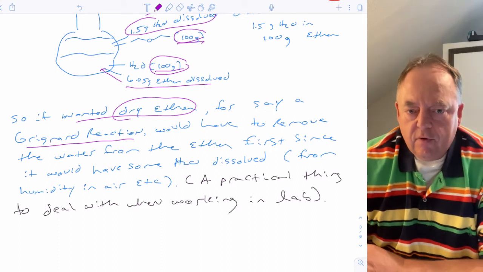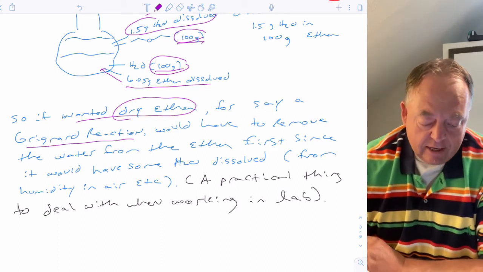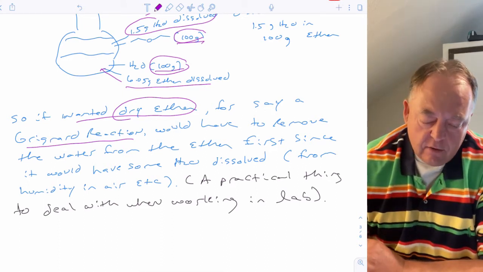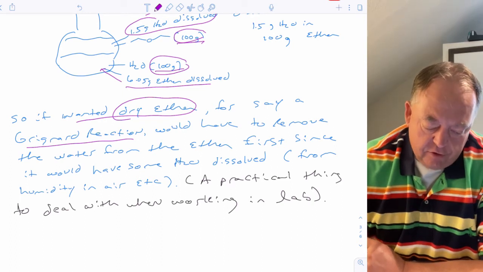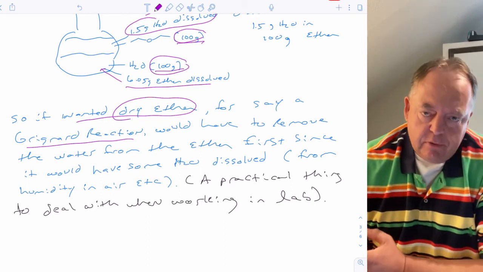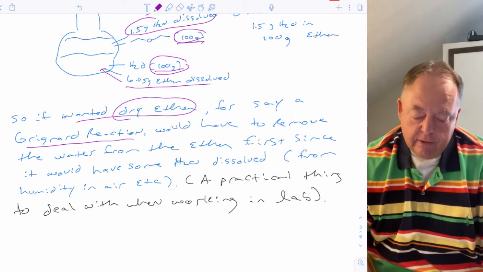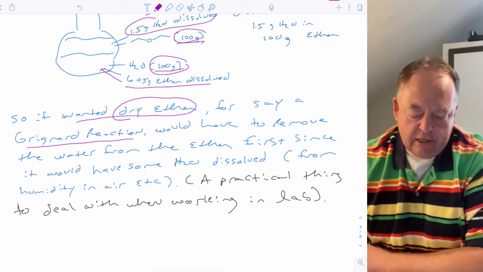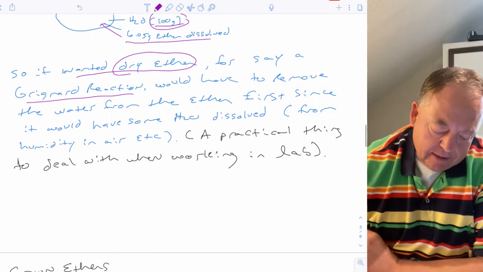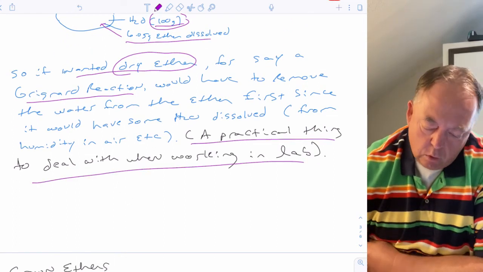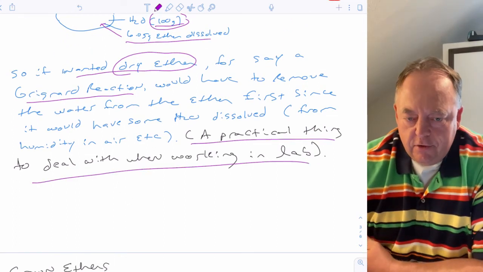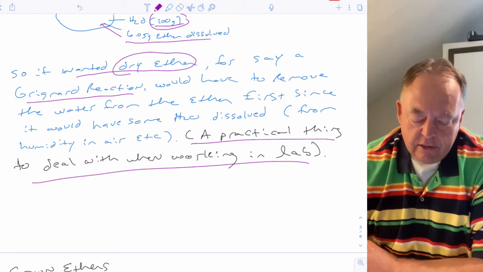Where's the water going to come from? Well, if it was ever in contact with water, it's going to absorb some water into the ether layer, or just simply the humidity in the air. If you open a bottle of ether up and it's humid outside, then some water is going to get into the ether. So that's just a practical thing that you have to deal with. If you want to work in lab with ethers and you need dry ether, then you would have to find a way to dry the ether.